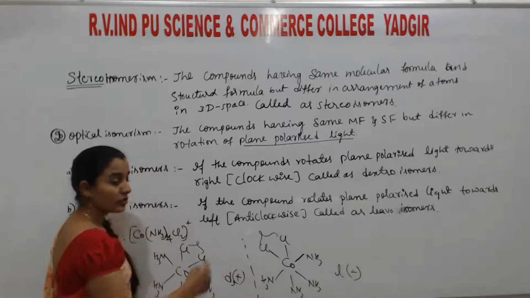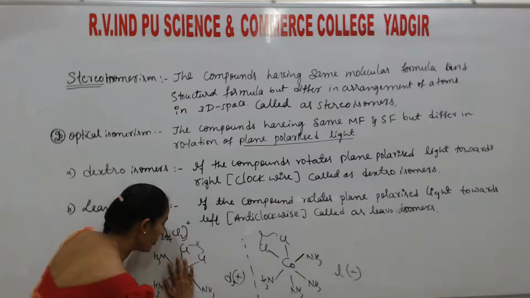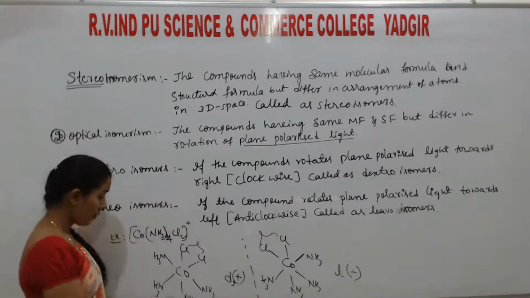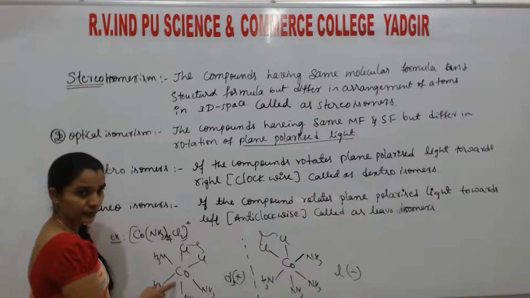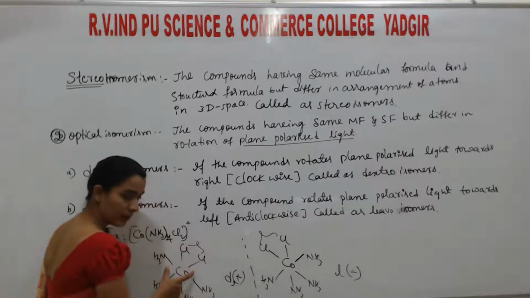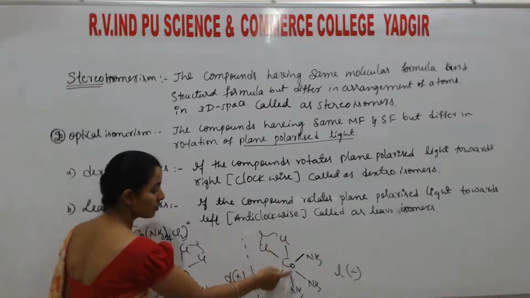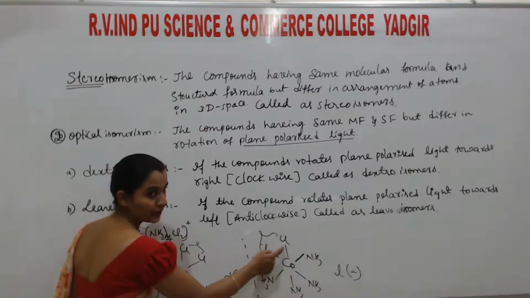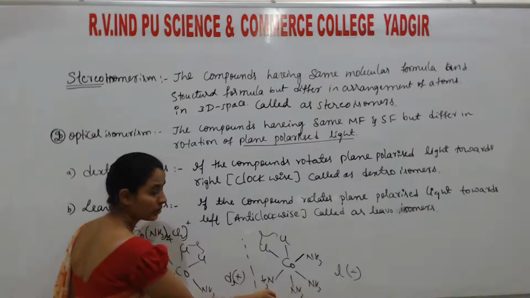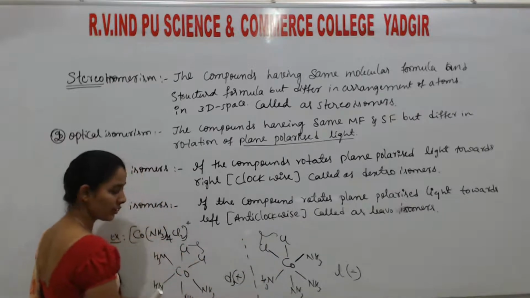Correct? Then if you pick this compound and keep it above this compound, understand? So these two will coincide or superimpose. This Cl is here, this NH3 is here.